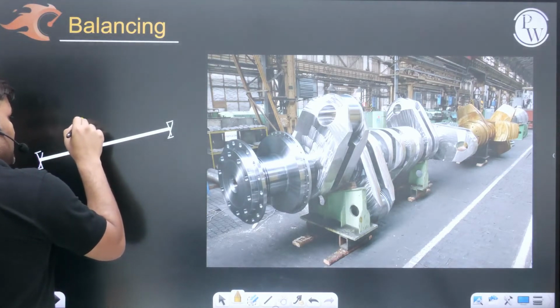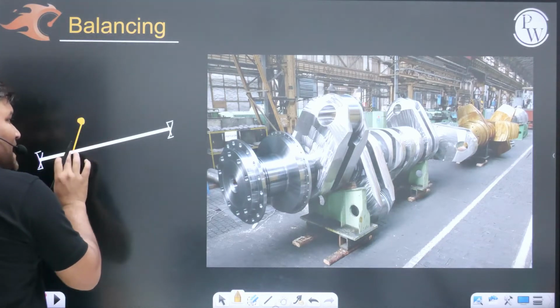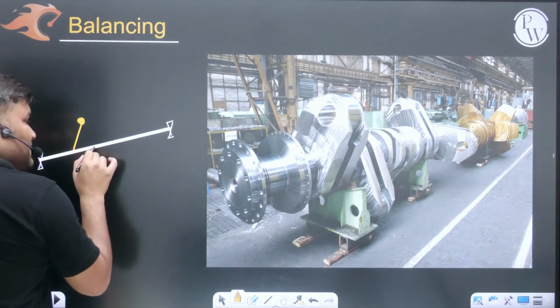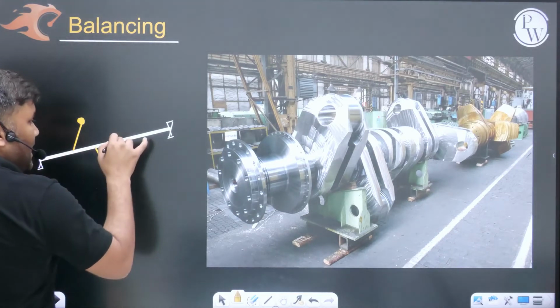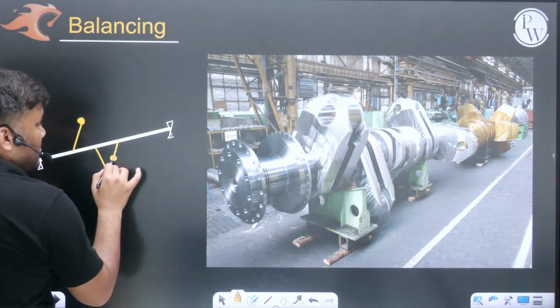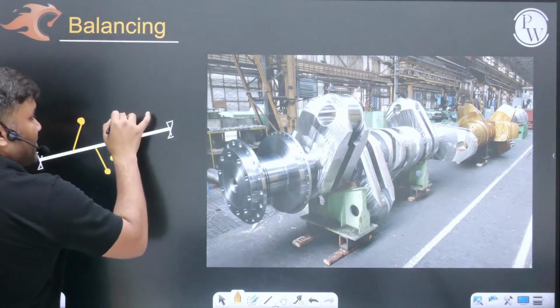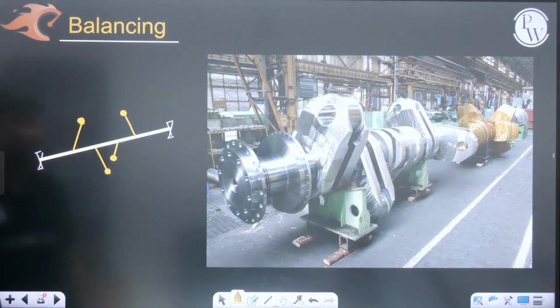Maybe some eccentricity is there. Crank ko I can show like this. Another crank is somewhere here. Another crank is somewhere here. Another crank is somewhere here. There are so many masses which are rotating in different planes. Different planes mein they are rotating, beta.